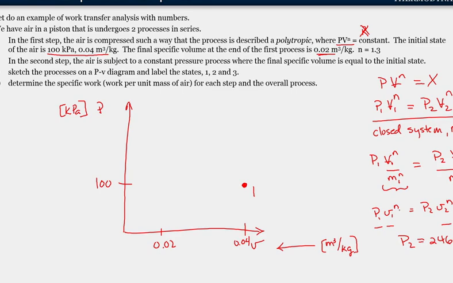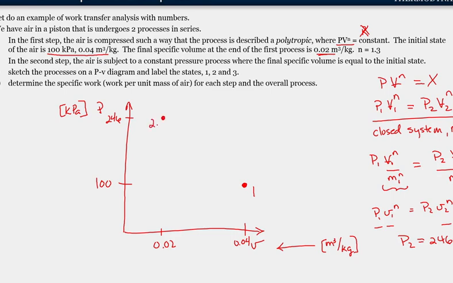You all remember how to do this type of solution, but it should be pretty straightforward. So what we know now is that the specific volume at state 2 is 0.02, and the pressure is 246 kPa. And so I can now label state 2.